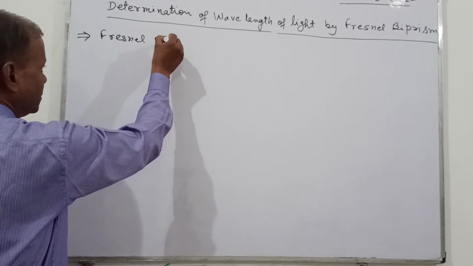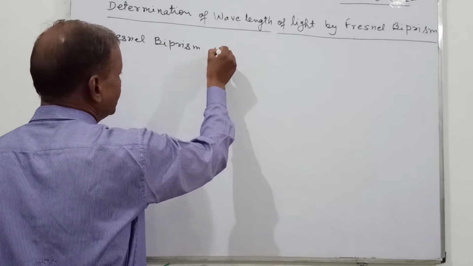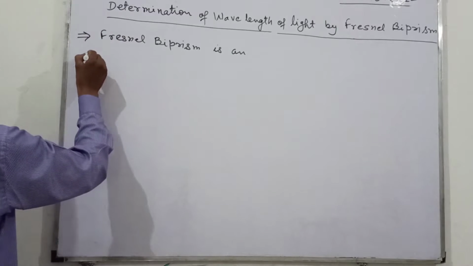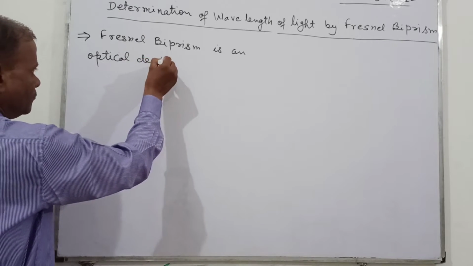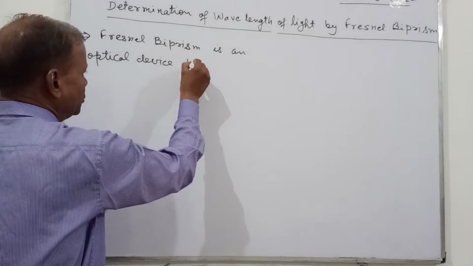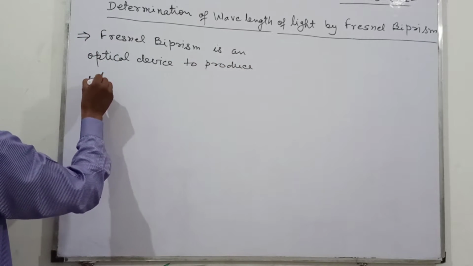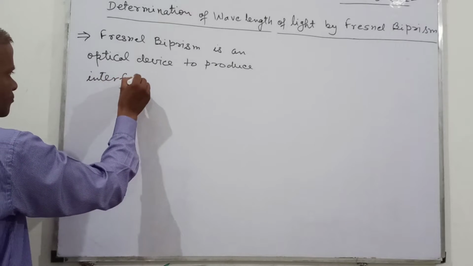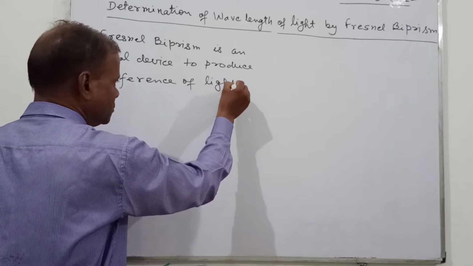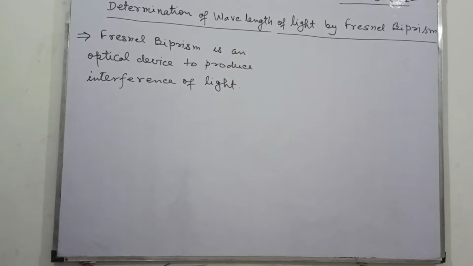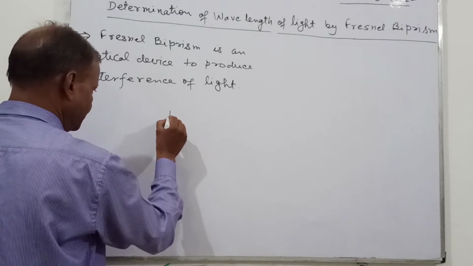Fresnel biprism is an optical device to produce interference of light. So now this is the Fresnel biprism.